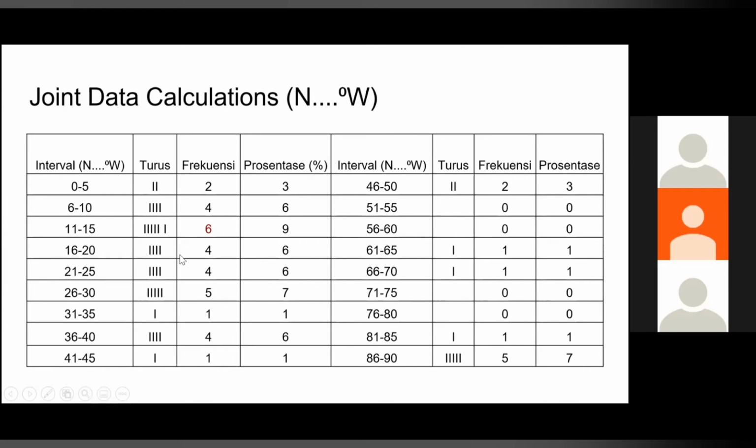There are interval, tors, frequency, and percentage. Tors and frequency are the same, but the writing form is different. For percentage, we get it from frequency divided by total data, that is 70 data, and multiply by 100%. So we got the percentage data.